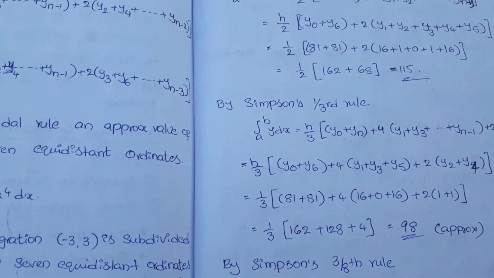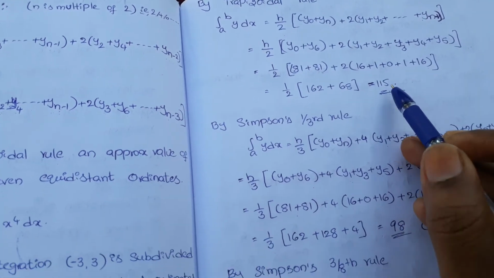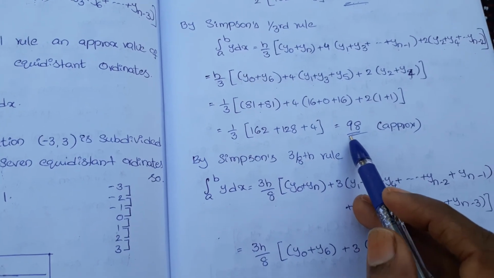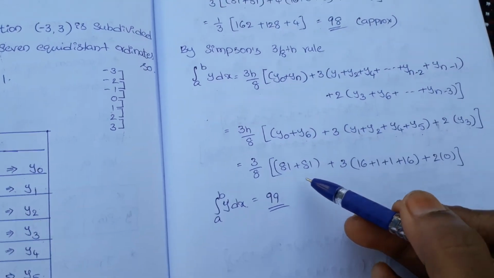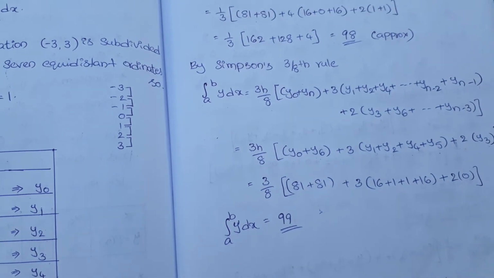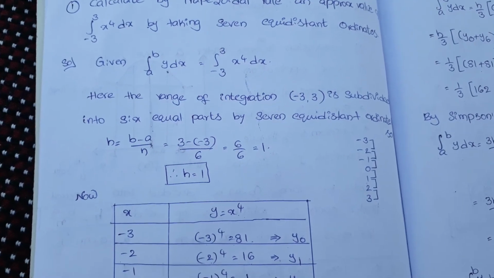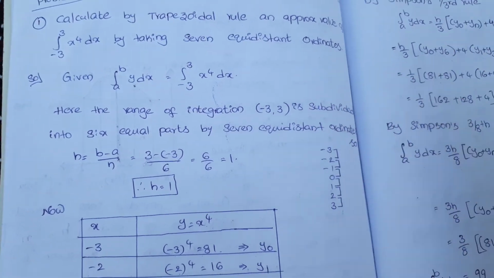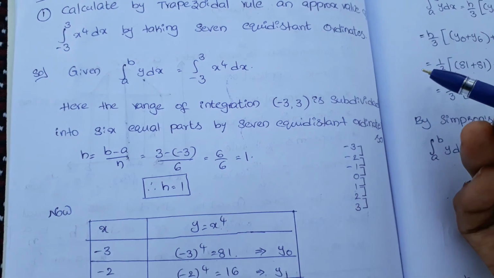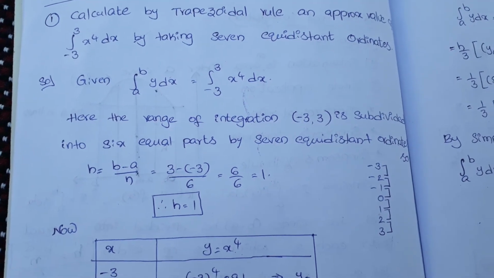From these three rules we get the answers: by trapezoidal rule it is 115, Simpson's 1/3 rule is 98 and Simpson's 3/8 rule is 99. By using these three rules we can find the integral of any given function between the limits. Okay, thank you.